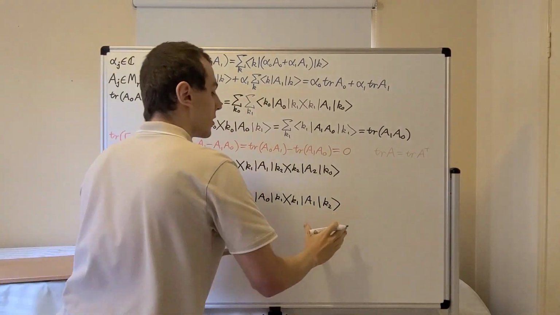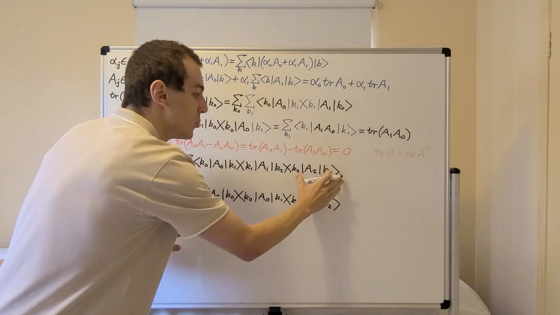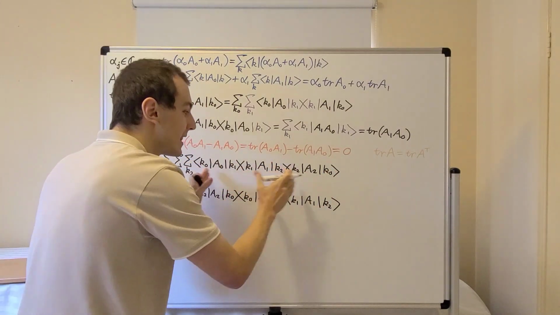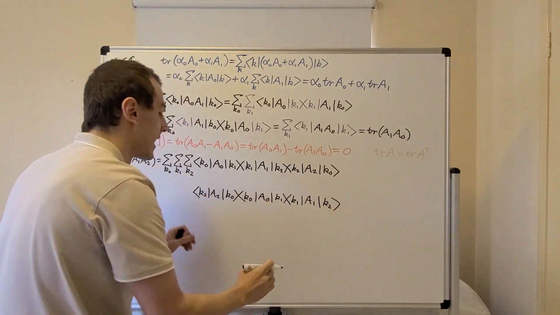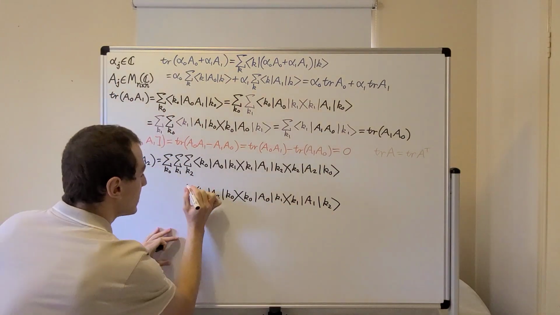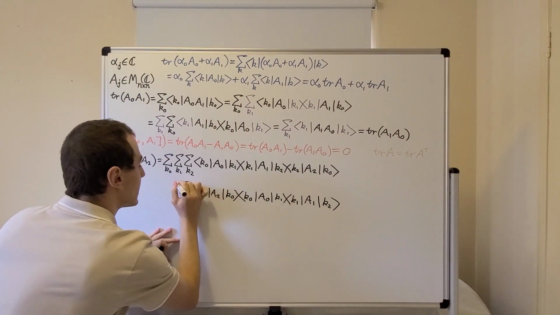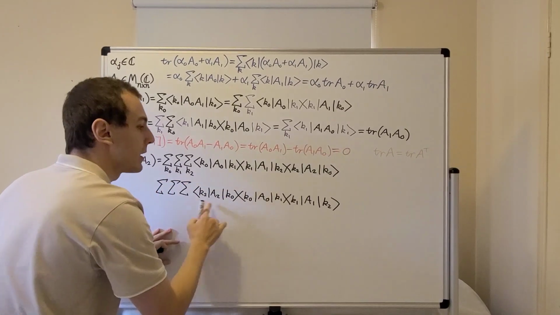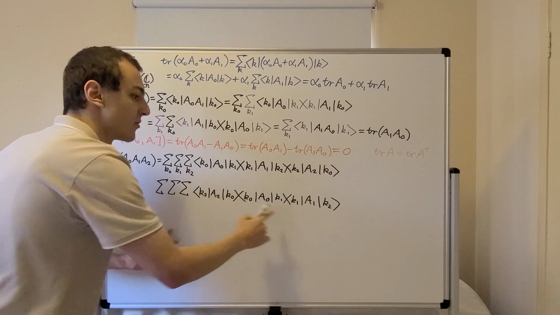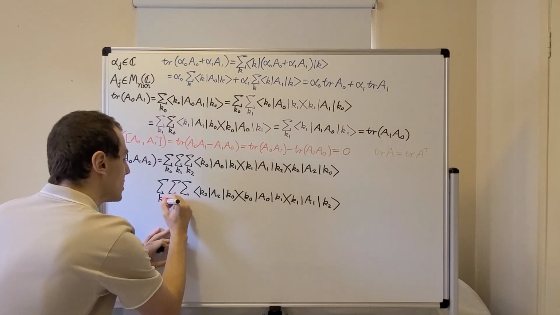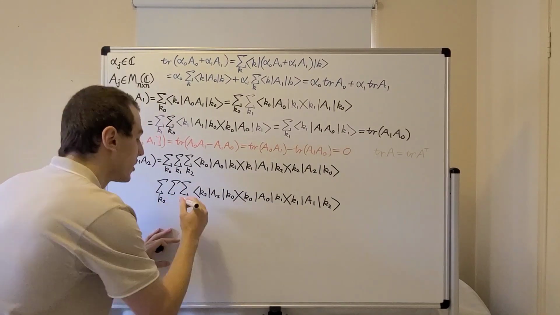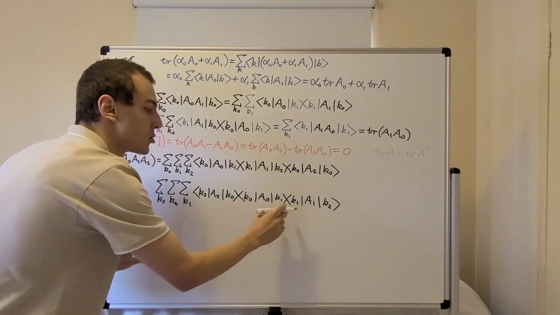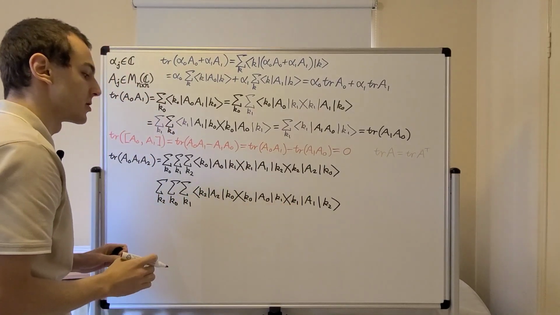So can you see what's going on here? All we've done is we've moved this object to the front, and we've just slid these guys over to the right. So now we still have these 3 sums over here. This K2 is now playing the role of the index for the trace. So we're using K2 to construct the trace, and we're using K0 and K1 to construct these identity operators.